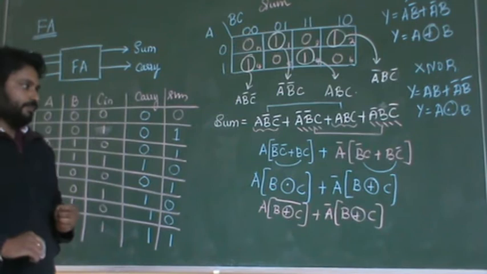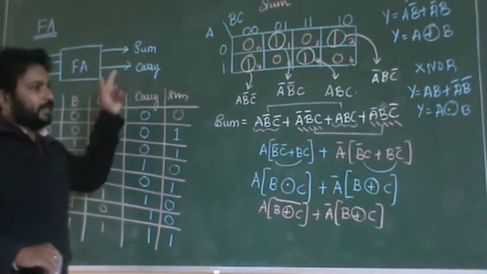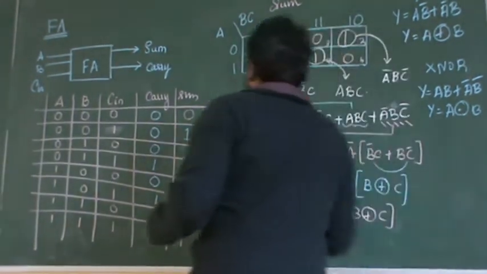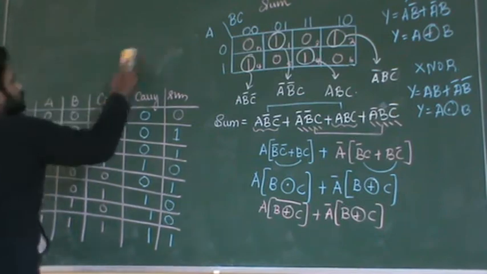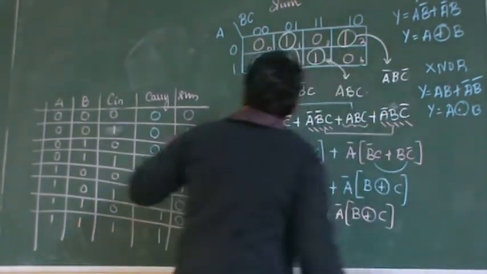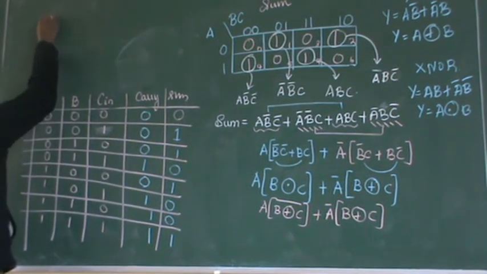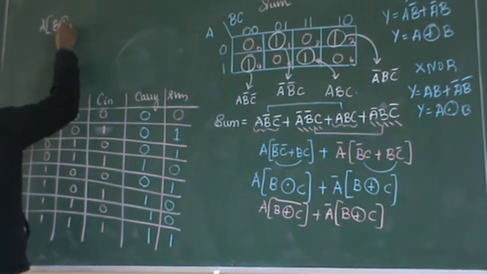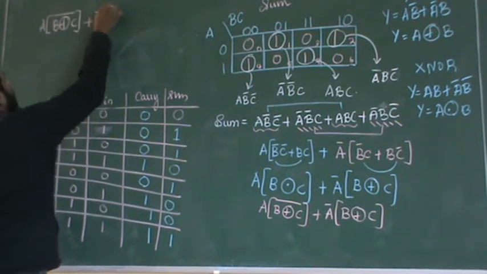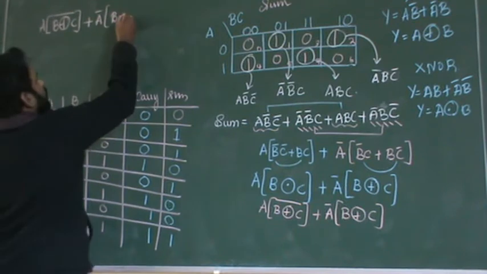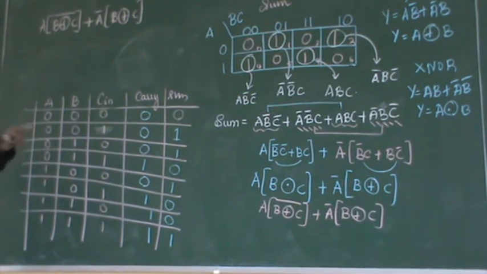So now, shall I erase this part? I'll erase this part and start writing from there. So A into B XOR C whole bar plus A bar into B XOR C. Don't be confused, I am just copying the same.